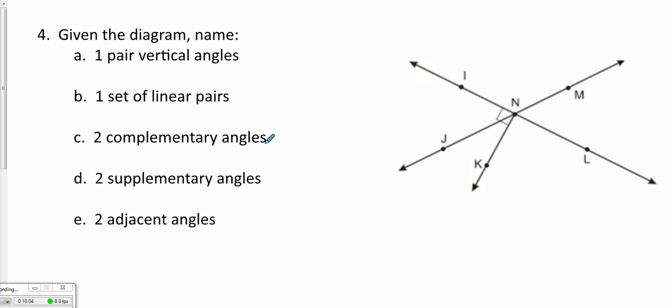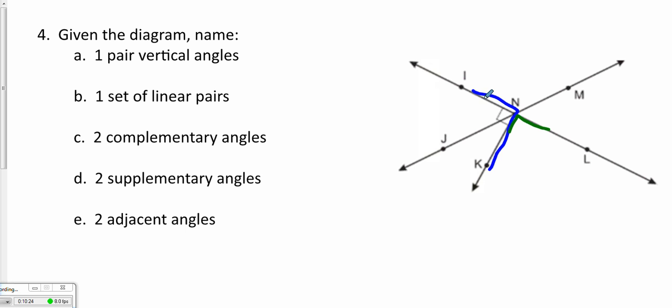Two complementary angles. Remember, this word complementary means it adds up to 90 degrees. There's only one spot where we have 90 degrees. It's right here. Okay, now technically that also means that this is 90, but we don't have anything that cuts that into two.